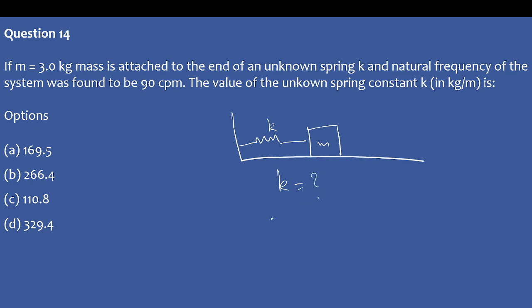You need to determine K. Mass is 3 kg and the natural frequency is 90 cpm, so it's 90 by 60, which is 1.5 hertz.